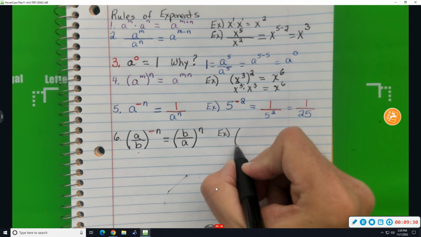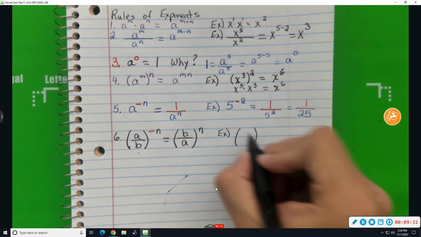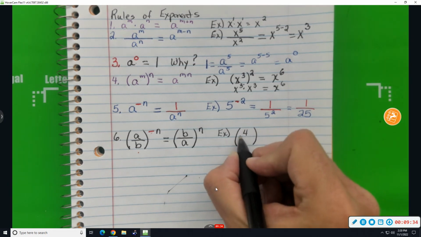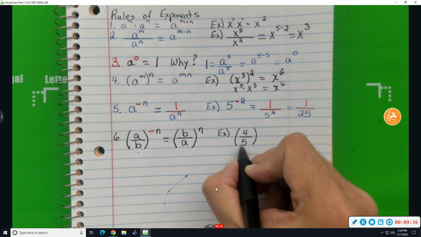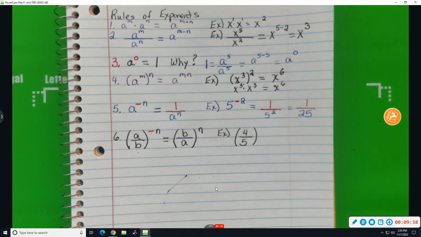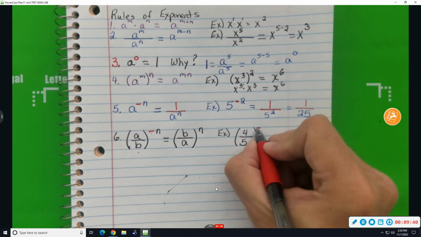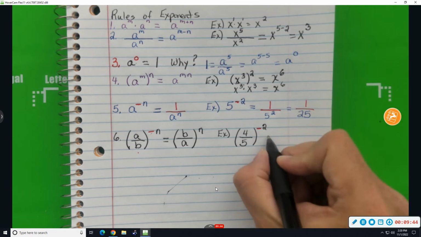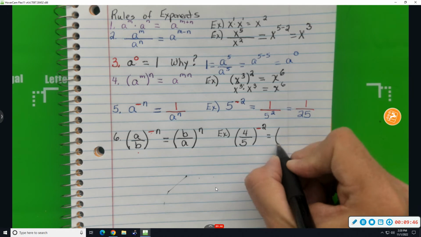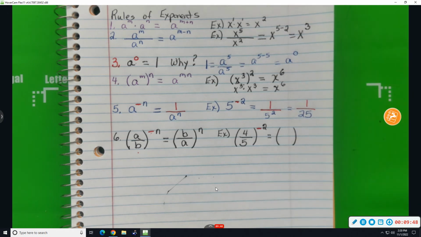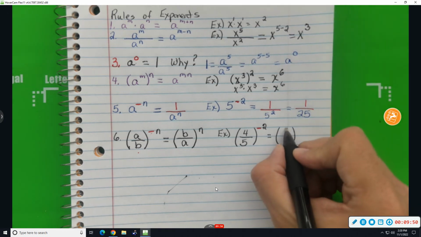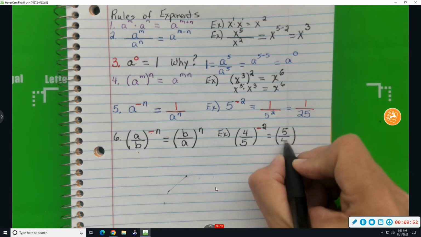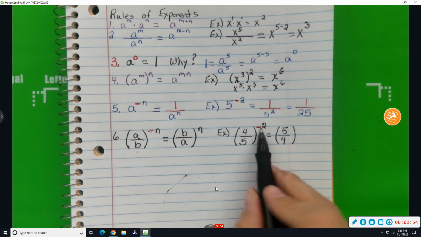I'm wondering if y'all can help me simplify this fraction: 4 over 5 to the negative 2 power. Did y'all hear that? You flip the fraction, and that makes the exponent positive.